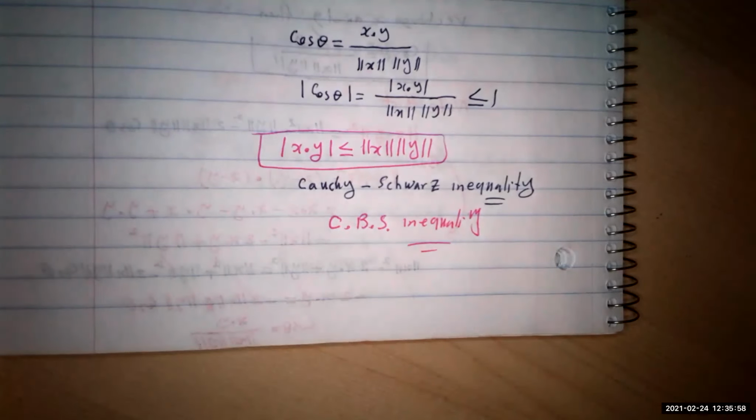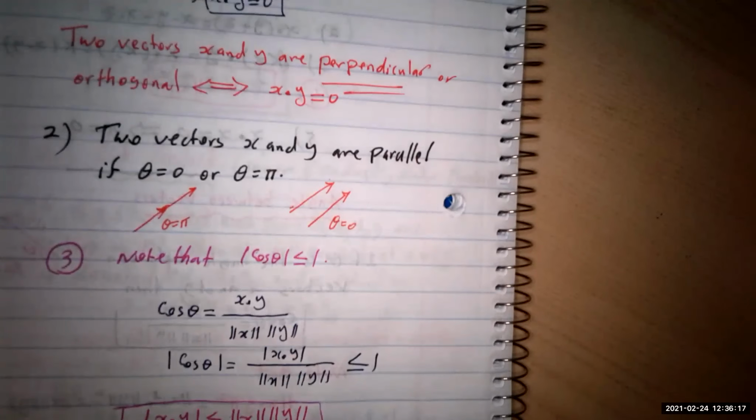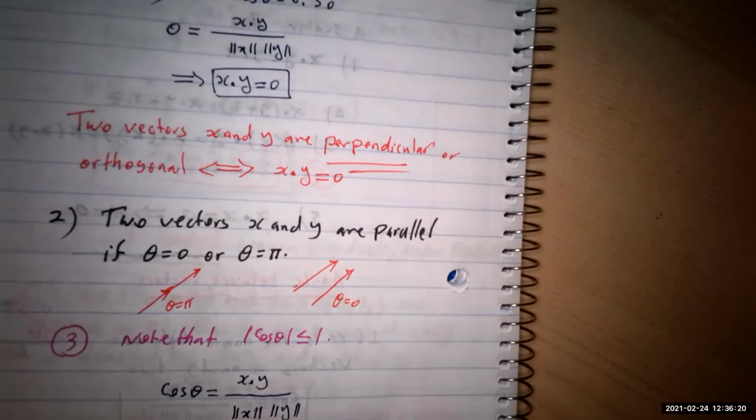It's just a starting point, really. There are many other properties of this CBS inequality. This was just an excuse, really, to introduce orthogonality. I could have done it a different way.